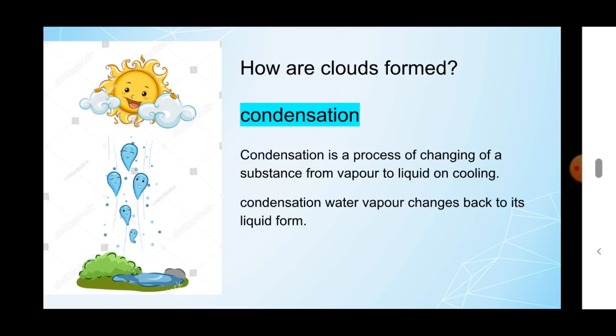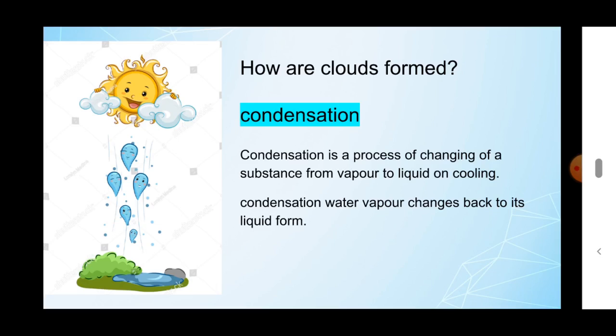Students, when the water from the transpiration and evaporation process converts into water vapor, then the water vapor moves up. That means it enters into the air and it moves up. It gets cooler and cooler.